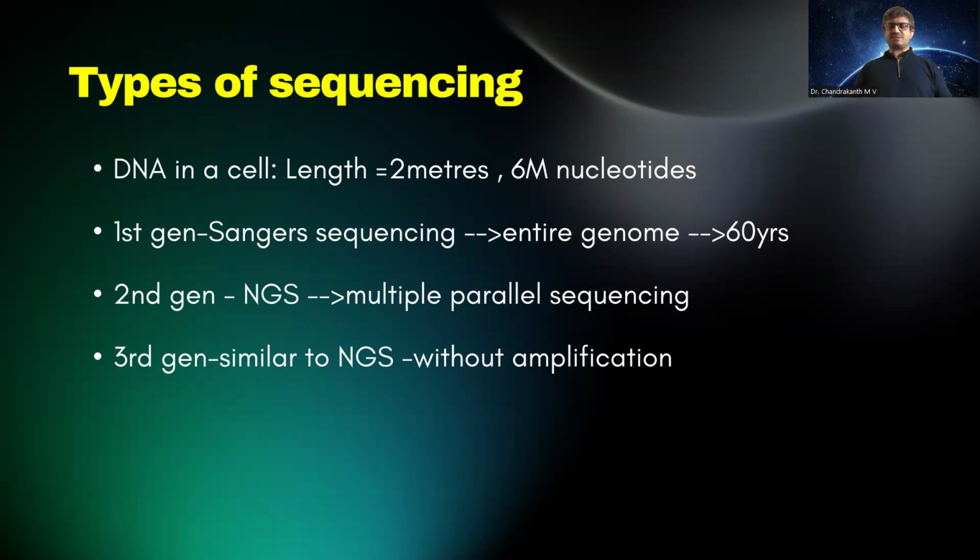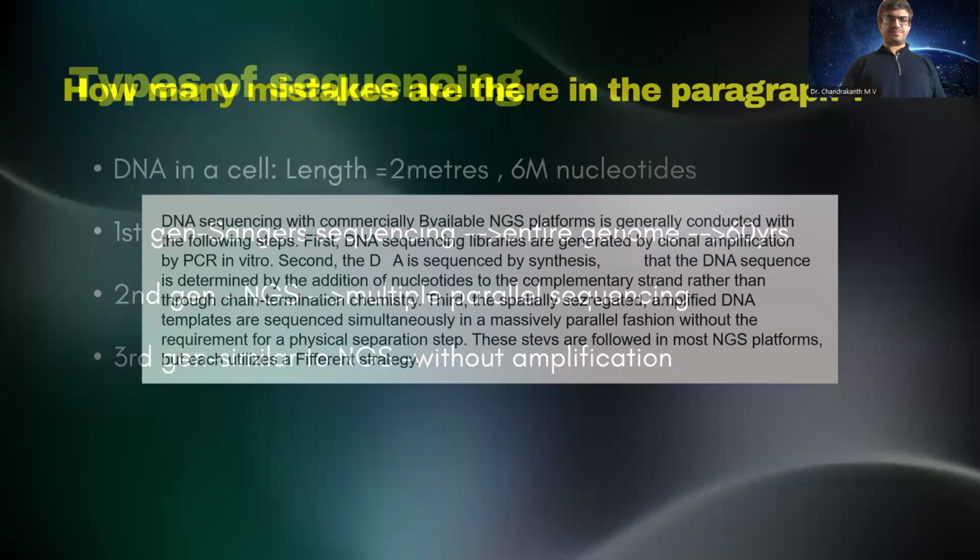If I do by Sanger's, which is also called first generation sequencing, if I have to see the whole genome, it will take nearly 60 years for an individual. Therefore, then came what is known as the second generation sequencing, also called the next generation sequencing. And the third generation is nothing but an NGS without amplification process involved. I will explain in the future slide.